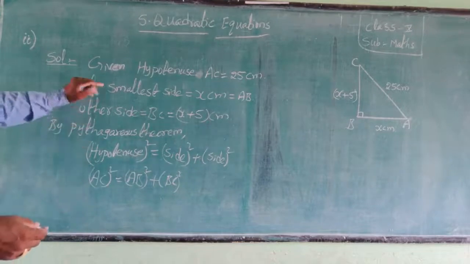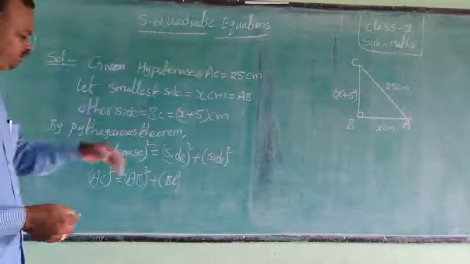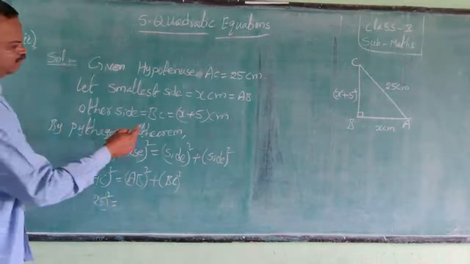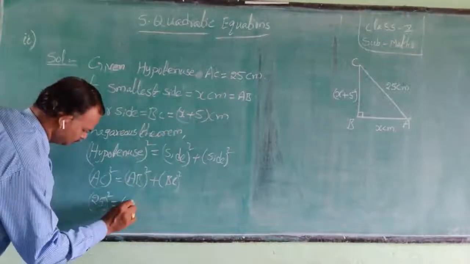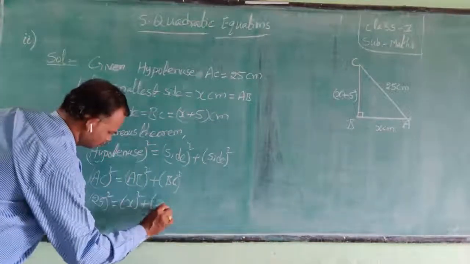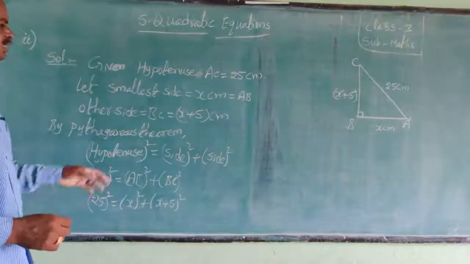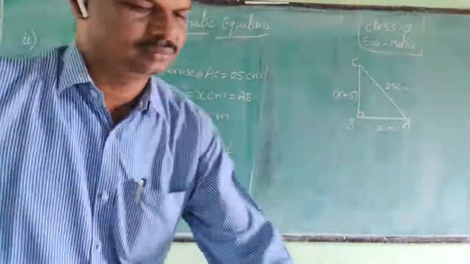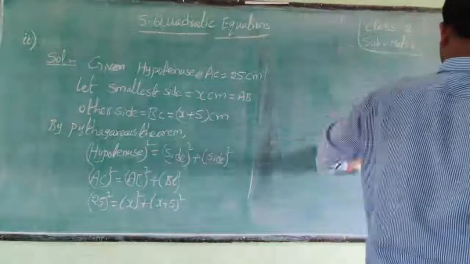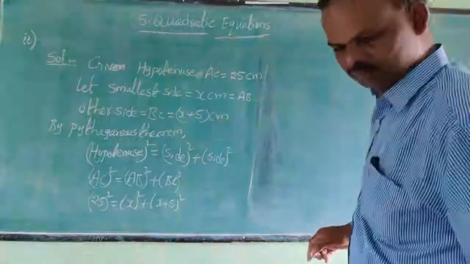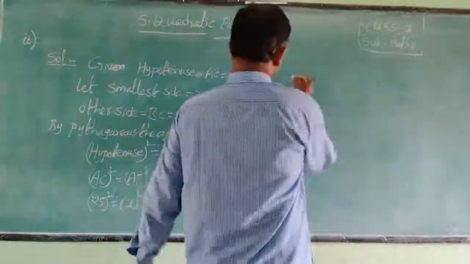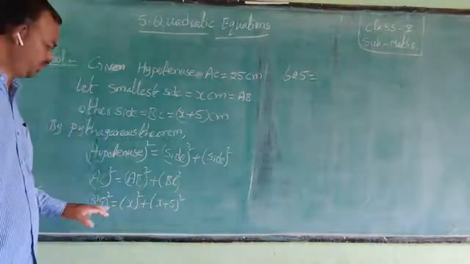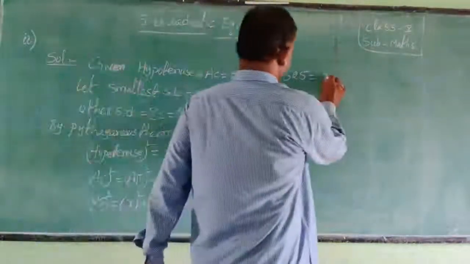Now substituting these values, here AC is 25 and AB is x. BC is x plus 5 whole square. 25 square is 625. Here the value is x square.